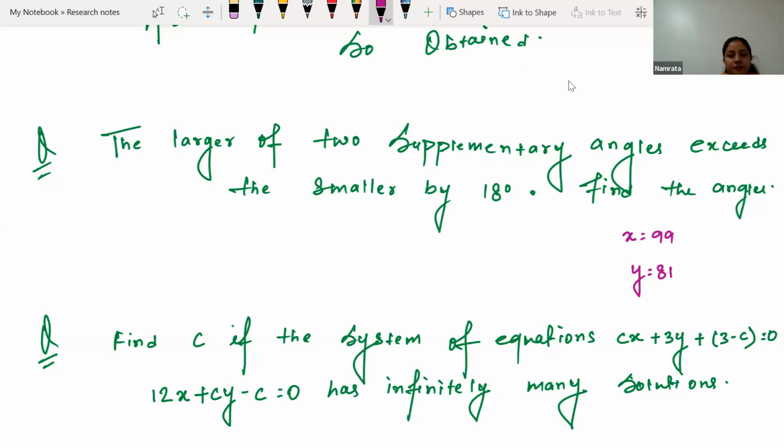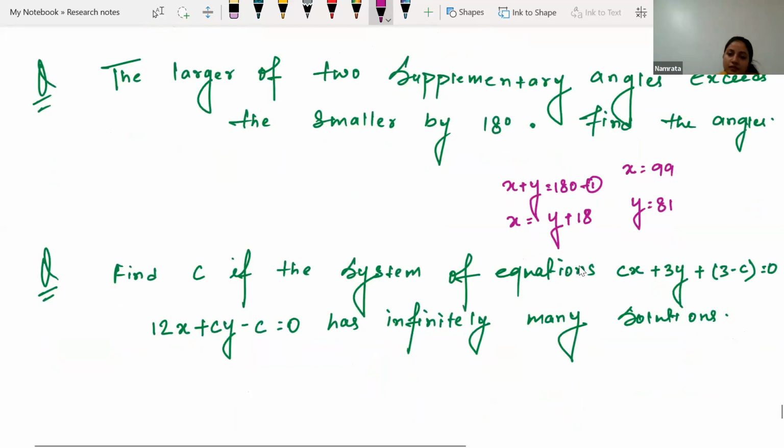Yeah, and since they're supplementary angles, x plus y will be equal to 180. That's perfect. That's going to be equation one. And since x is greater than y, it's going to be x equals y plus 18. So I substituted x in equation one. So it will be y plus 18 plus y equals 180. 2y plus 18 equals 180.